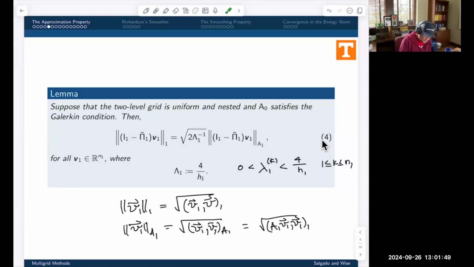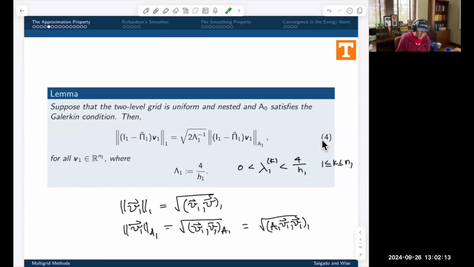This is the Euclidean norm of this error matrix for the coarse grid Ritz projection, and the norm of the same vector measured in the energy norm, and they're related through this very curious number, which works out to be related to this upper bound of our eigenvalues.